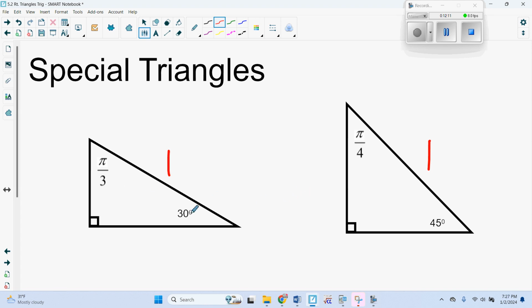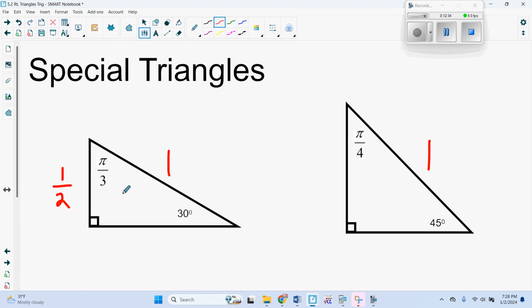For our 30 degrees, pi over 6, and pi over 3, which is 60 degrees, this could be pi over 6, pi over 3, pi over 2, or it could be 30, 60, 90, whether we're in degrees or radians. The side opposite the 30 is 1/2.